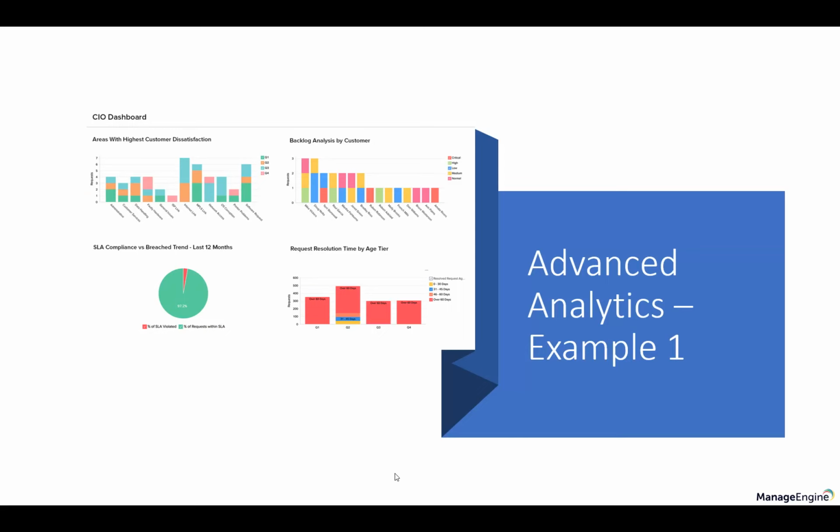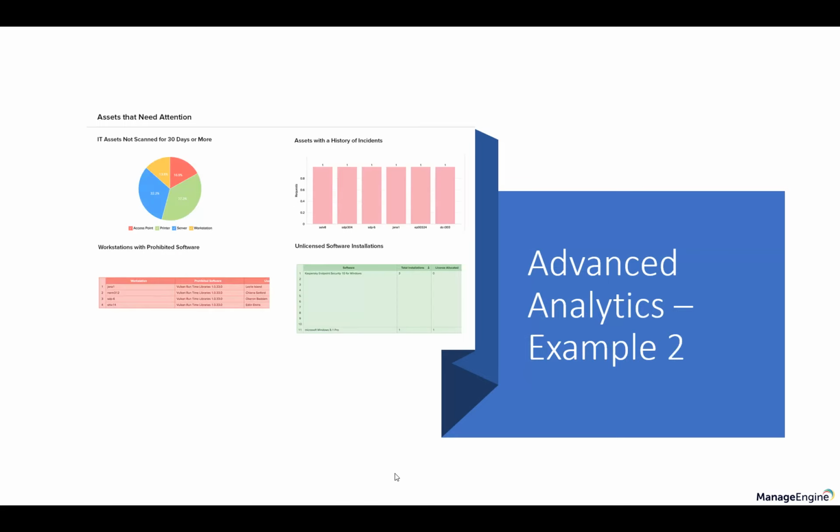So these are certain inferences that you can get from the dashboards and reports which are generated from Analytics Plus. So Analytics Plus is an additional software which you have to install, and you have to integrate this with ServiceDesk. With just 15 minutes, all the data is going to be replicated, synchronized between these two software, and you will be able to access all the reports real time.